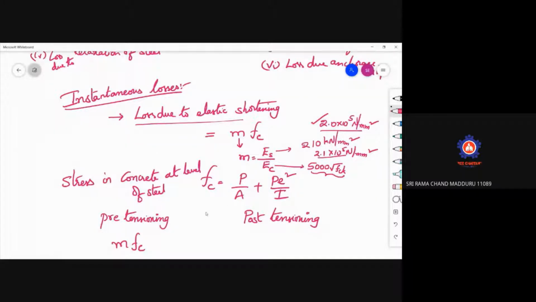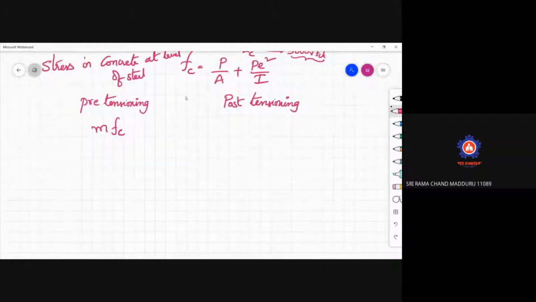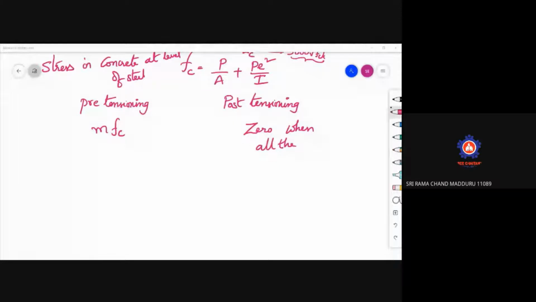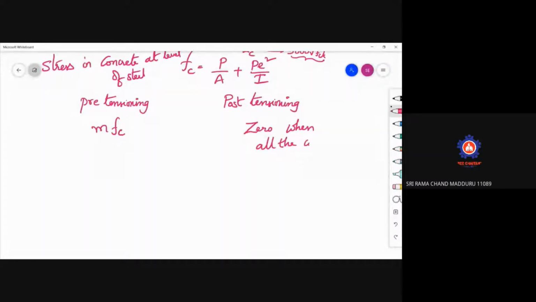But in case of post-tensioning, it is observed that this value will be 0 when all the wires are pre-stressed at a time. So when all the wires are pre-stressed at a time, the loss due to elastic shortening is 0.